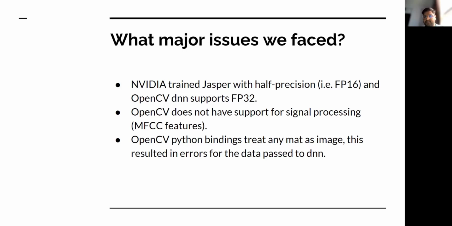The next issue that we faced was that OpenCV does not actually have any code that can do signal processing for us. So we had to implement that using NumPy.